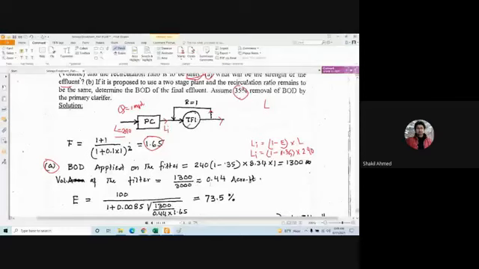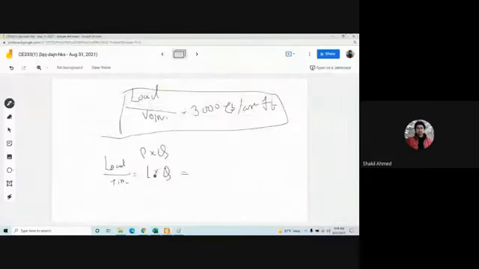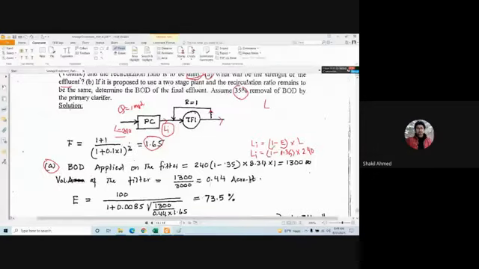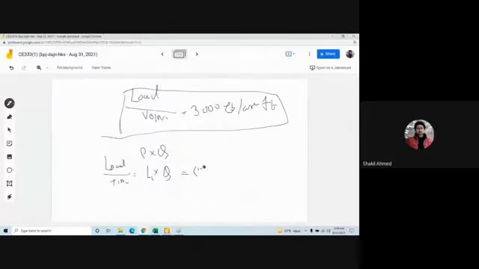So if you look at this trickling filter, how much load are you applying? This load, Li into Q. So Li is 1 minus 0.35 into 240, multiplied by Q. This is in milligram per liter, by the way.